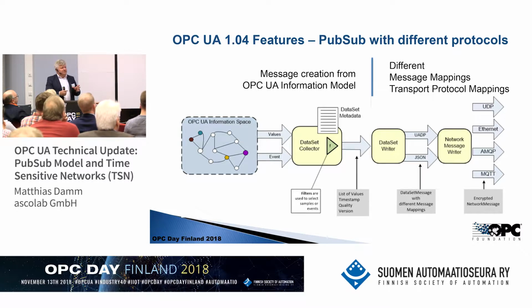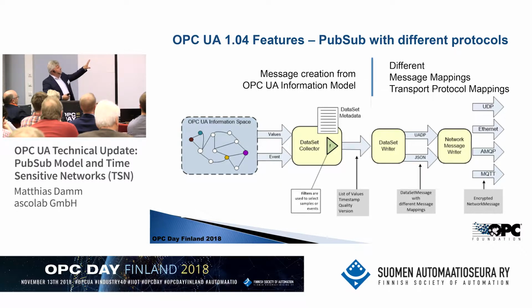And like I said earlier, we always differentiate between the overall communication model and the transport protocol bindings. And the overall communication model in PubSub defines how you map information in an OPC UA information model, like variables, events, into messages that can be sent over a PubSub messaging system.